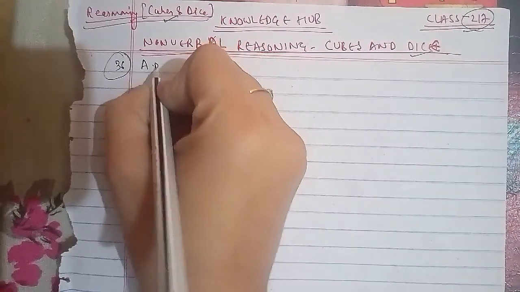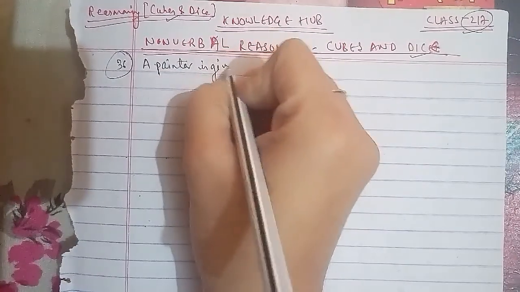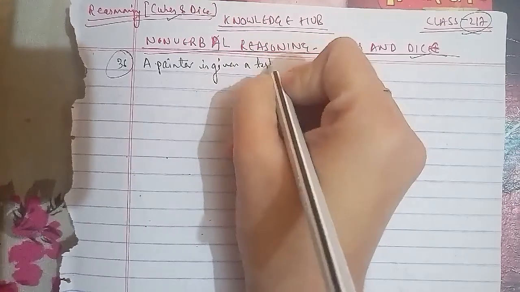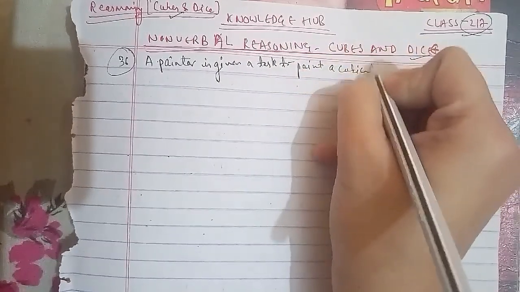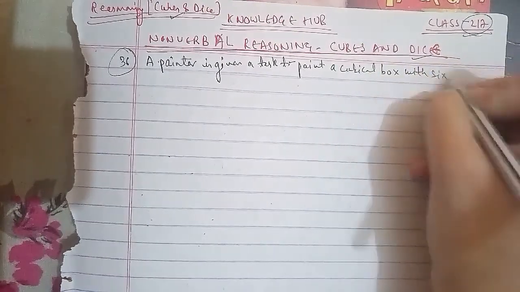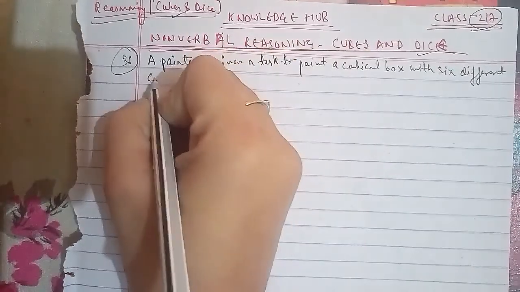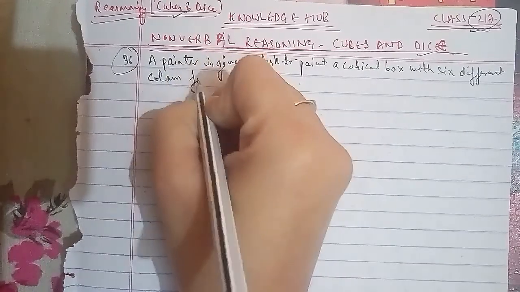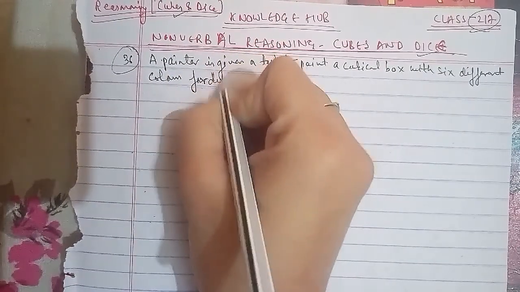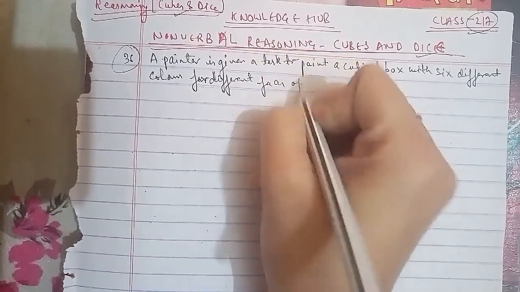We'll go ahead. A painter is given a task to paint a cubical box with 6 different colors for different faces of the cube.